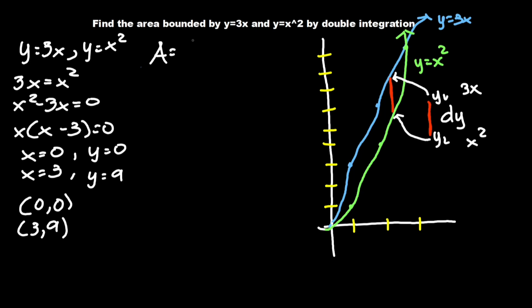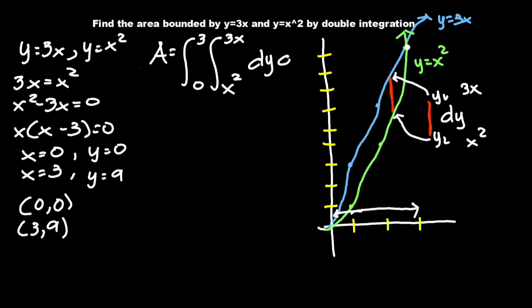And so, for the area right here, let's start with the dx. Whenever you correspond to dx, find the greatest x value here, which is 3, and the least value, which is 0. Or you can just base it on here. And integrate by the upper line, which is 3x, and by the lower, which is x squared.